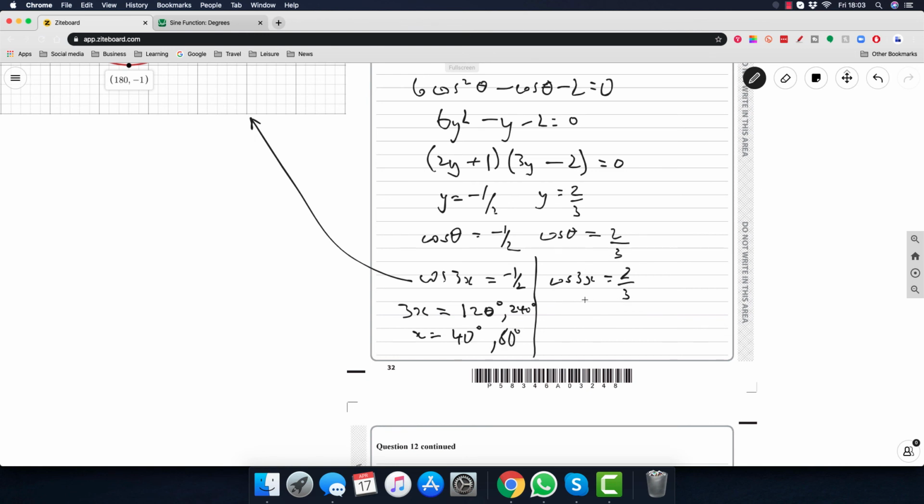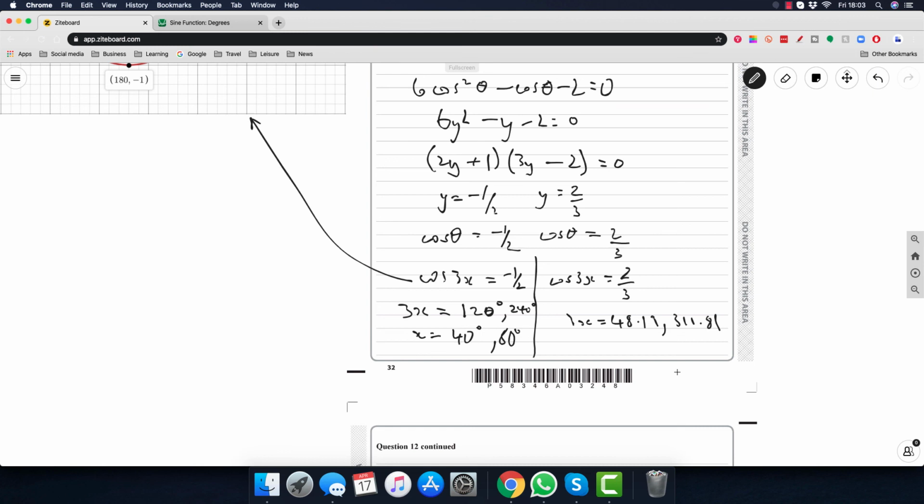Now I'm going to do pretty much exactly the same for cos 3x equals 2/3. So calculator first, inverse cos of 2/3. So that's approximately 48.19. And again the same symmetry, 360 take away that angle, that's going to give us 311.81.